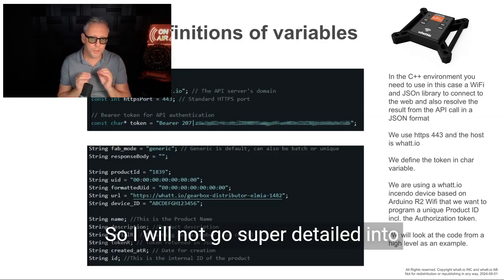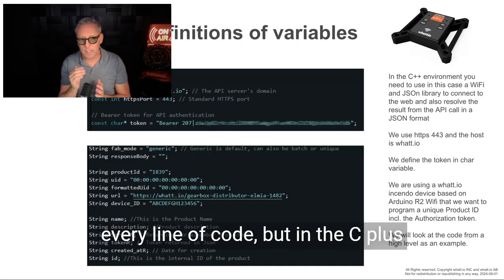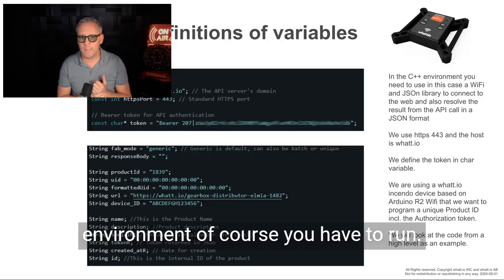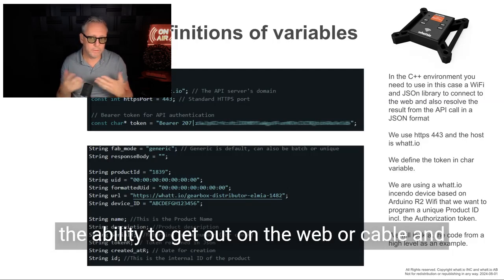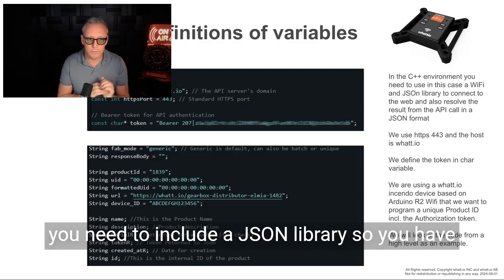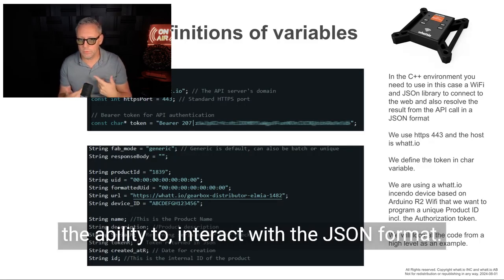So I will not go super detailed into every line of code, but in this C++ environment, of course, you have to run some kind of Wi-Fi or a cable, because you need to have the ability to get out on the web. And you need to include a JSON library, so you have the ability to interact with the JSON format.